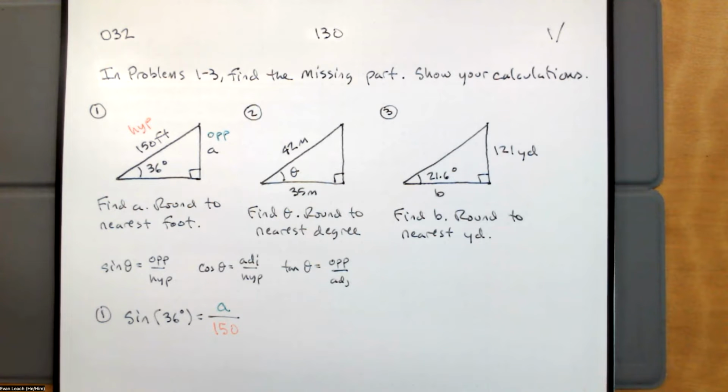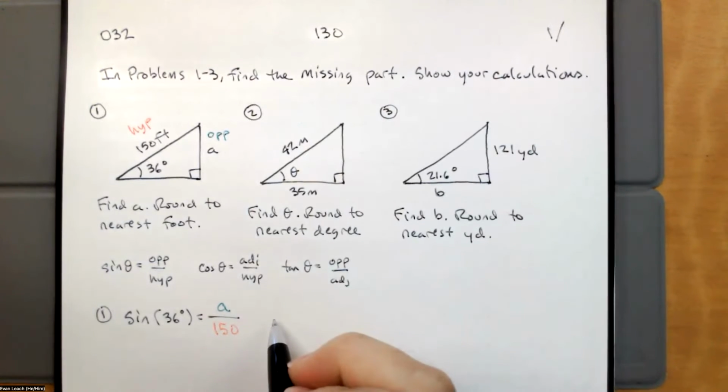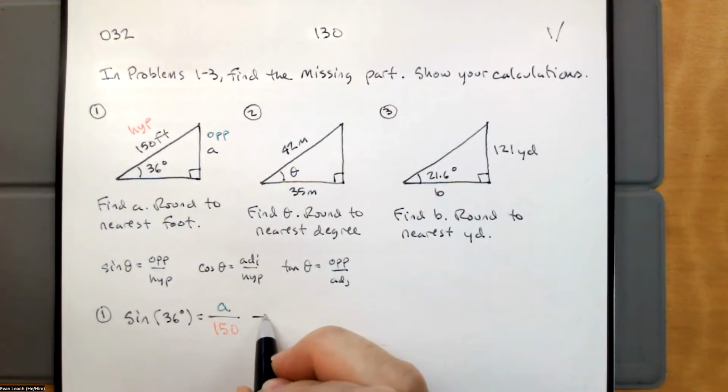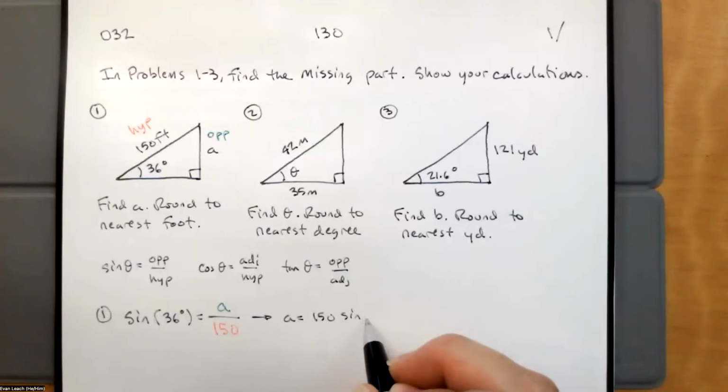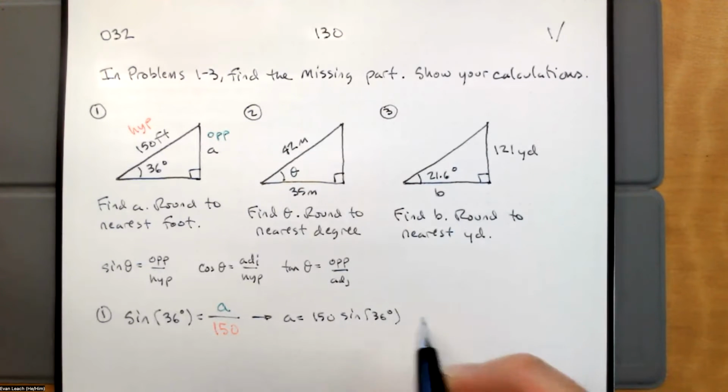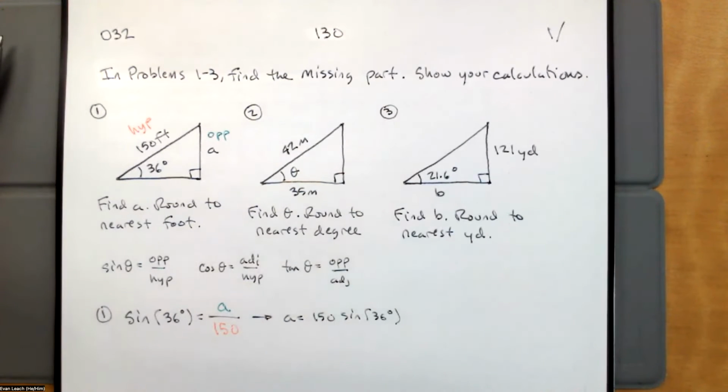The next thing we need to do is solve for the missing piece. In this case, I'm looking for A. If A divided by 150 is sine of 36, then that means A is 150 times the sine of 36. So we're going to rearrange this to say that A is 150 times the sine of 36. There are a few ways we can get here.